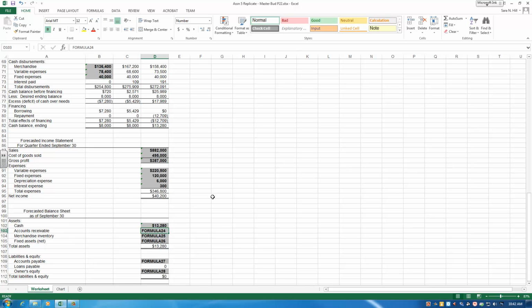Now, accounts receivable is a little bit more complicated because remember, we need to report here the amount of revenues that we are owed, but we have not yet received, okay? So that's actually going to be factoring in 2 different months. So let's get our formula started here.